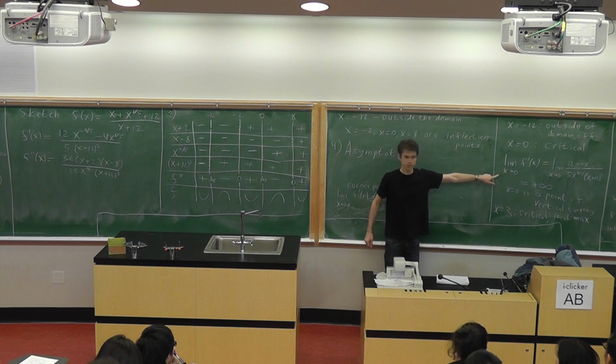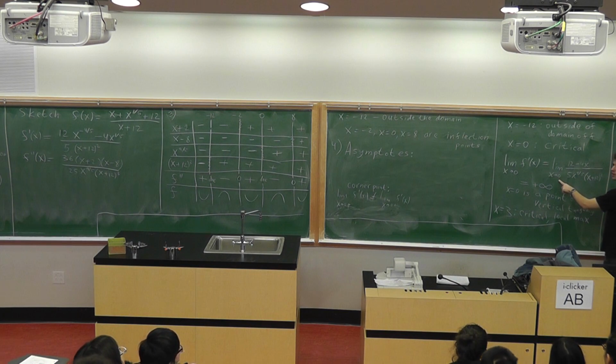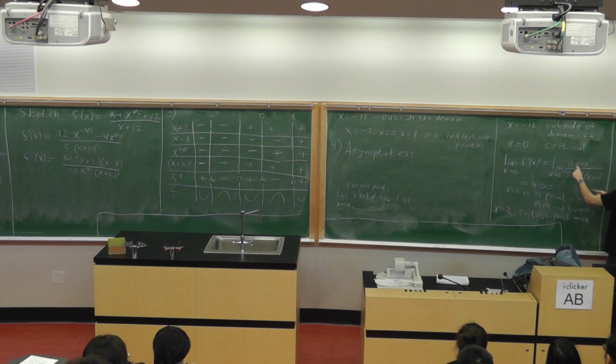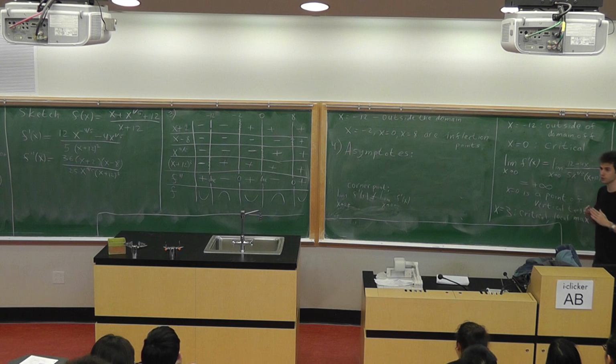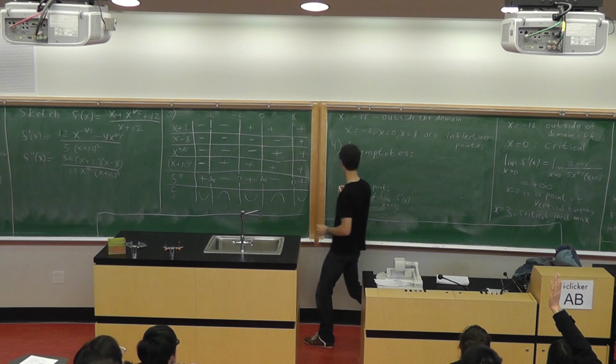Here, you see what happens when x is small. Regardless of the sign of x, this x to the power 4 over 5 is positive. If it was, say, x to the power 9 over 5, then it would be different on the two sides. But here both sides are positive. So that's not an inflection.